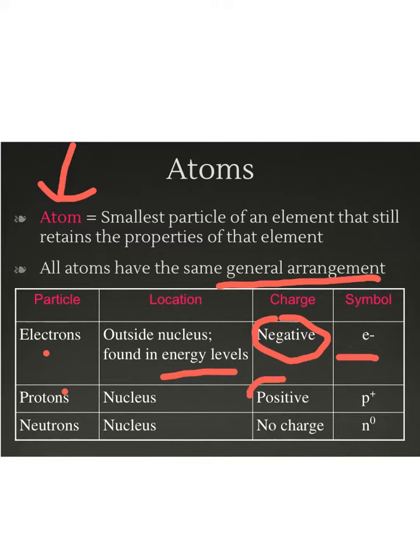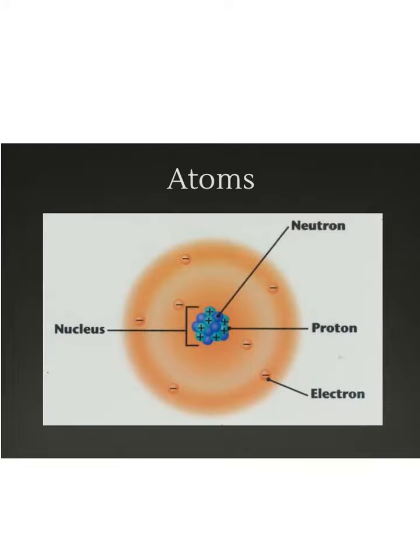They are positively charged, and they can be written in shorthand with a P+. And then finally, neutrons are also located in the center of the atom, the nucleus. They have no charge, they are neutral, hence their name, and they can be abbreviated with N subscript 0. So here's a picture of an atom. So you can see this is a single atom. You can see all the protons and neutrons are in the nucleus, which is in the center, and then the electrons are located on the outside in what's called the energy circles.